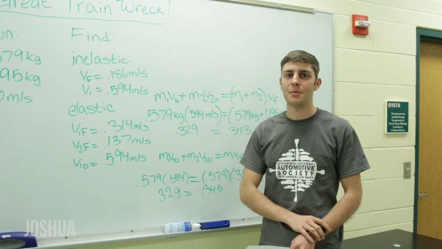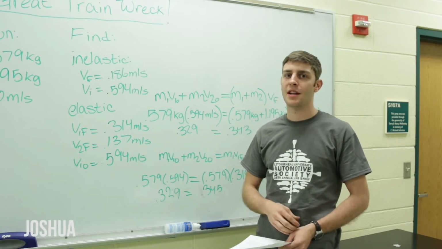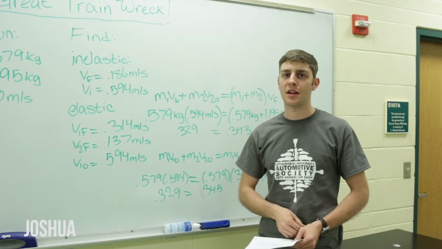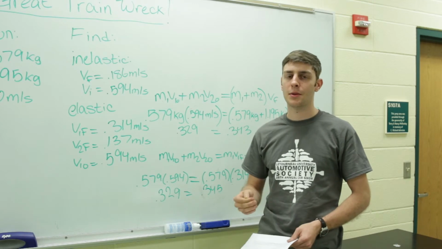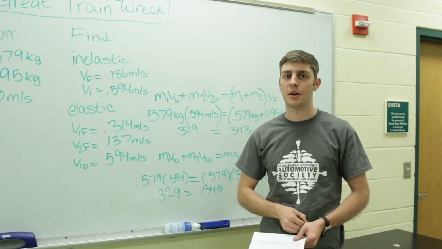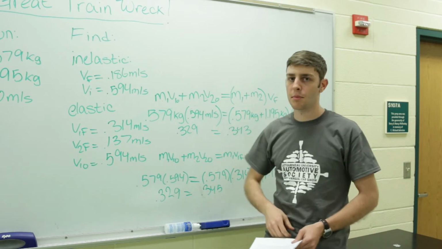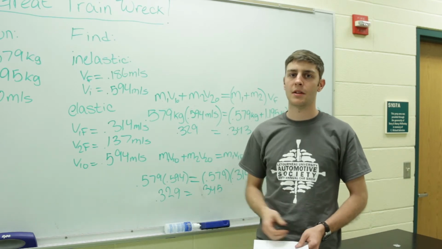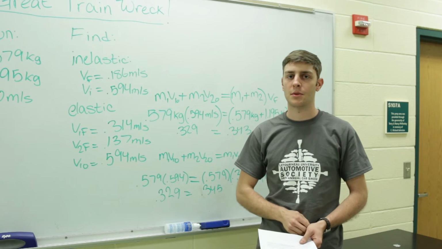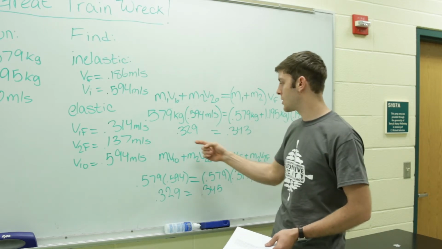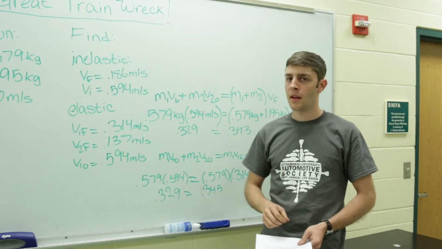Hi, I'm Joshua, and I'm going to be talking about some of the discrepancies we found in our calculations versus the theoretical and what we actually measured to be true. The equation we used originally models the perfectly ideal situation, and what we have in the lab is not the perfectly ideal situation, so we end up with two numbers that aren't actually equal.